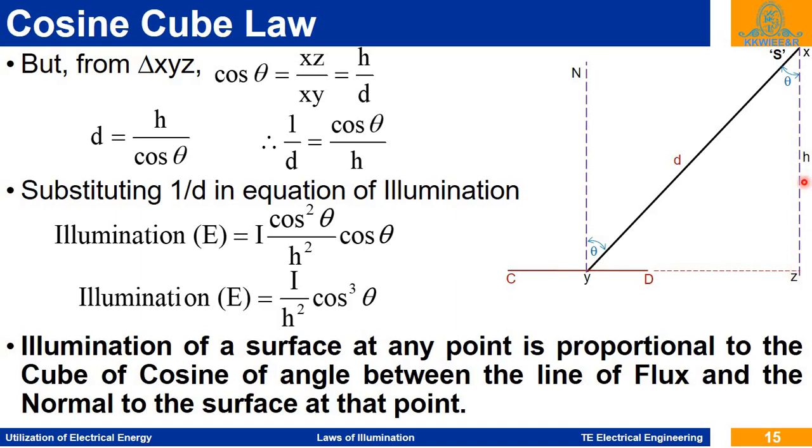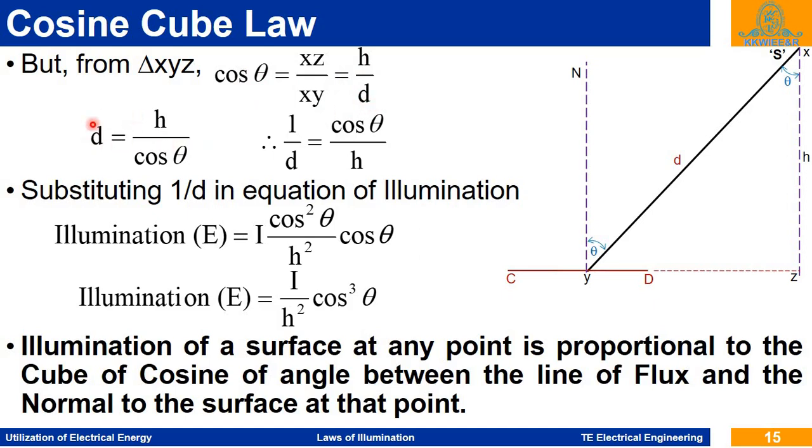It is nothing but the height of the light source from this ground upon the diagonal XY, which is nothing but the distance D between the point source and this surface CD. So cos theta is equal to height upon the distance. So D is equal to height upon cos of theta.